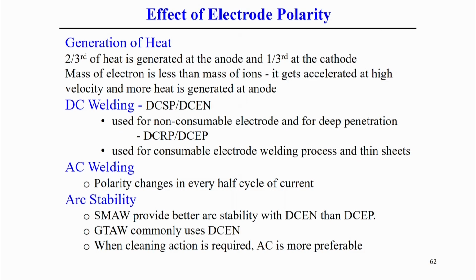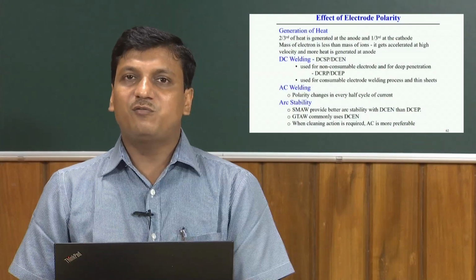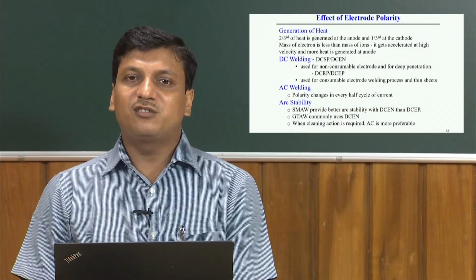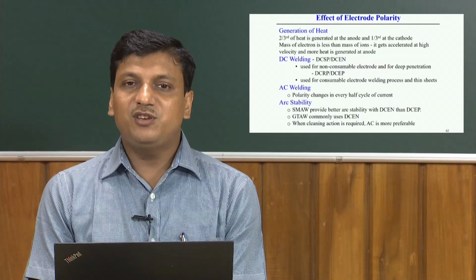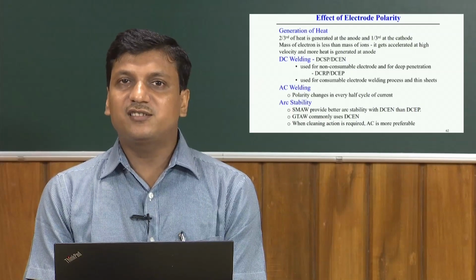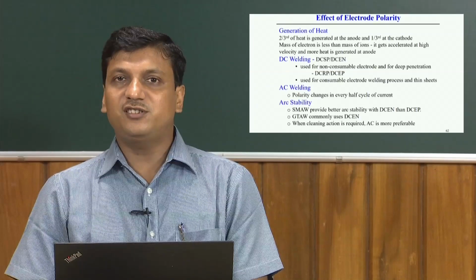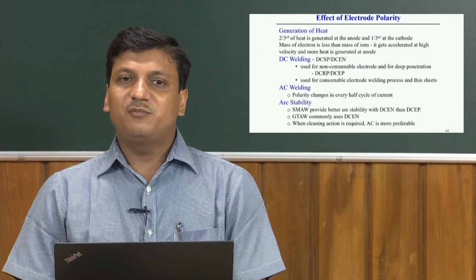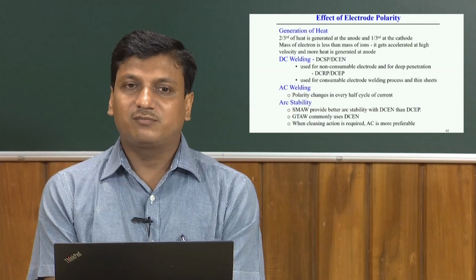At the same time, less heat is generated in the workpiece, which also melts, but it is easier to control the melting of the electrode material. Normally direct current electrode positive is used with a consumable electrode, and in this case it cannot create very deep penetration. Thin section materials can be welded using this DC-EP polarity.